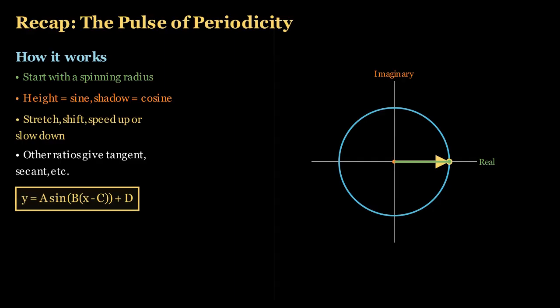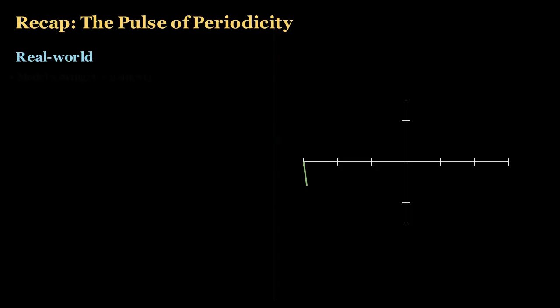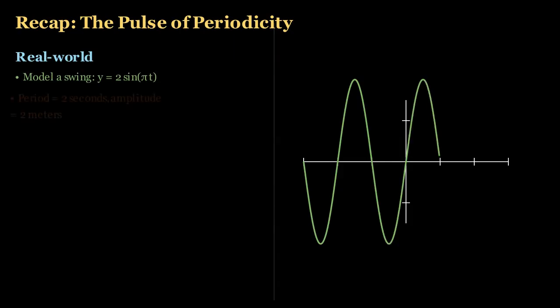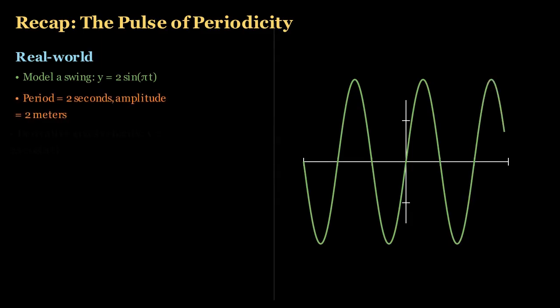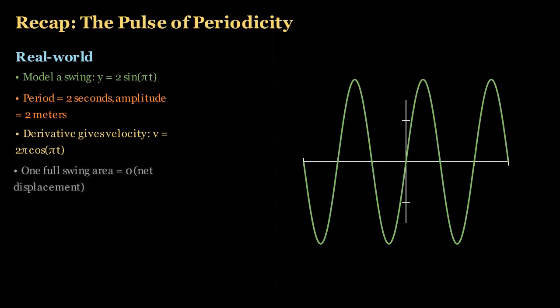The period is 2 seconds, because after 2 seconds the sine function has completed one full cycle. If we take the derivative to find velocity, we get v equals 2 pi times cosine of pi t, still a periodic function, just shifted. And if we integrate over one full period, from 0 to 2 seconds, the net area is 0, because the forward and backward motion cancel out.